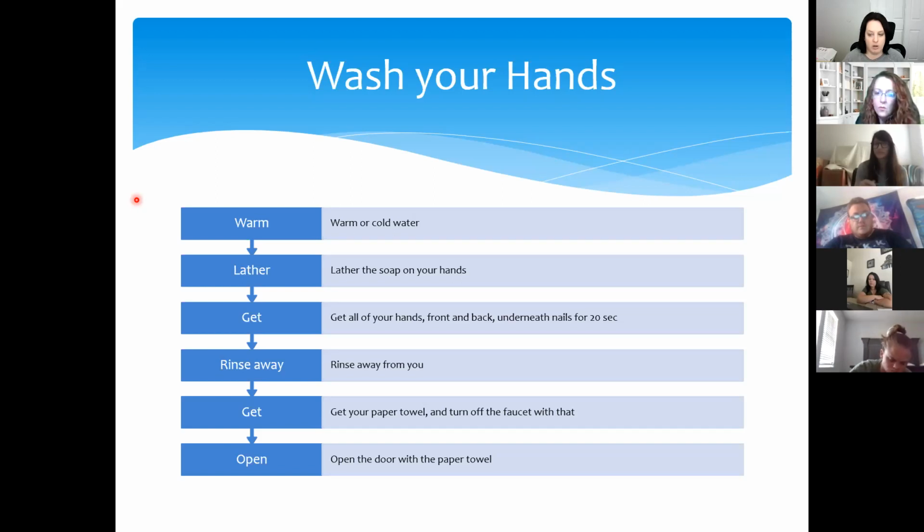When you're at clinicals or on campus, it's school policy and part of the dress code that you don't have fake nails. So before you come to campus, if you have them, make sure you take them off.